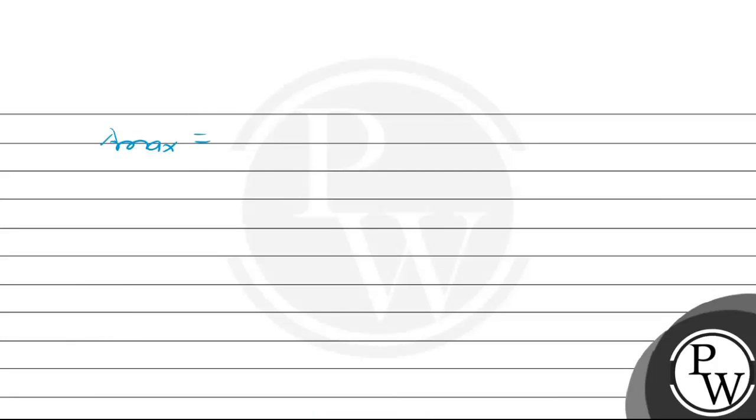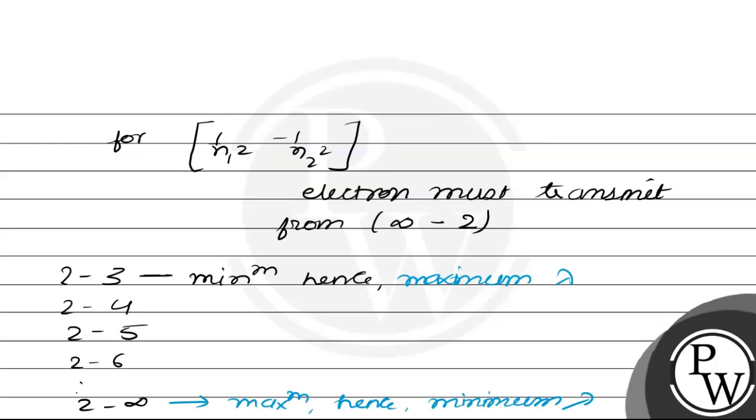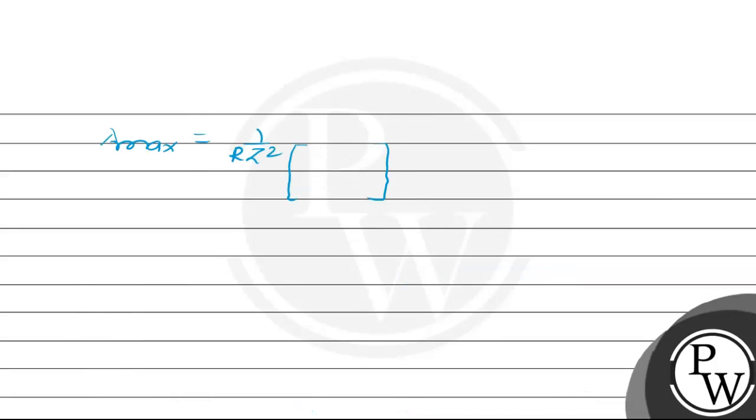Lambda max will be 1 upon R into Z square. This difference term must be a minimum, and this will be minimum when transition takes place from third energy level to second energy level.